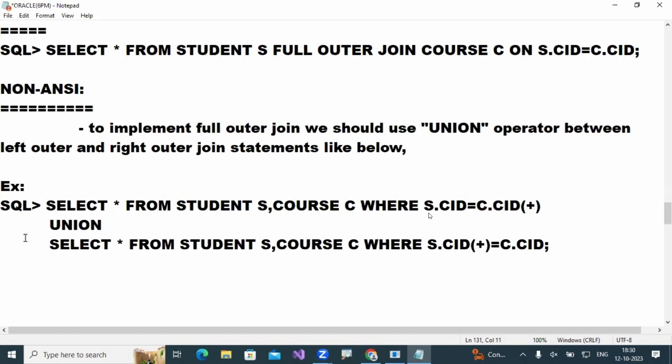Even though you can use union all also, it's no problem, but then the duplicates are also repeated.